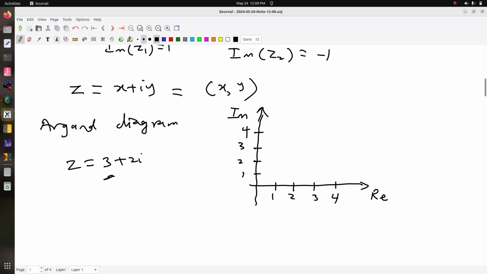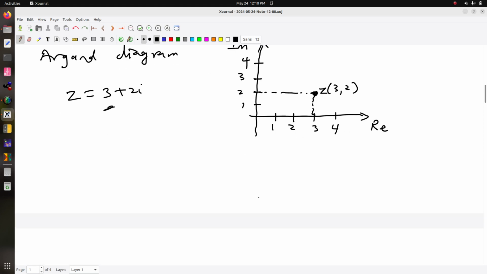The real part x is 3, and the imaginary part is 2, so z is here. So z, which is 3, 2, is 3 plus 2i. This is how you plot this complex number: you plot the real part on the horizontal axis and the imaginary part on the vertical axis.